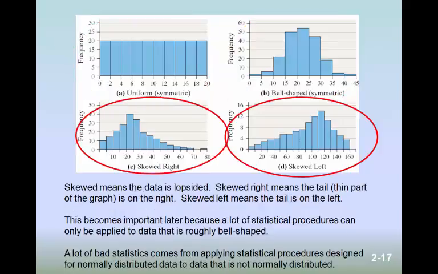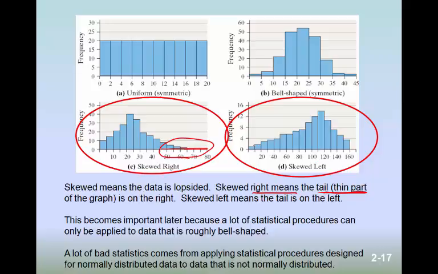Skewed means that the data is lopsided, so if I fold it in half, it's not going to match up. If it's skewed right, it means that the tail or the thin part is on the right. So this data is skewed right, and we would call this the tail because that's the thin part.